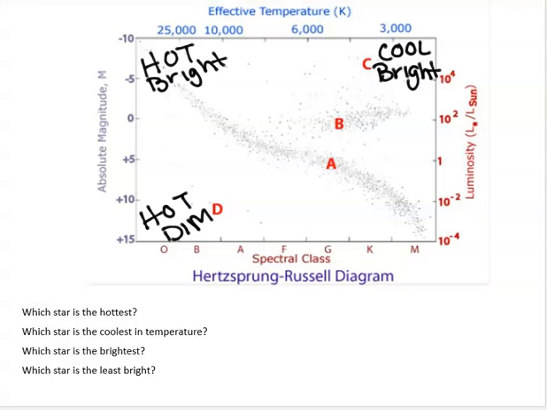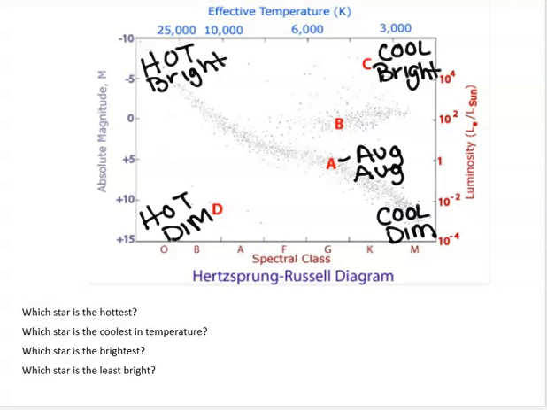And then over here in this last corner, they would be cool and dim. A is representing the sun, and it's average and average. So remember that the sun has an average temperature, an average size. It also has average luminosity.